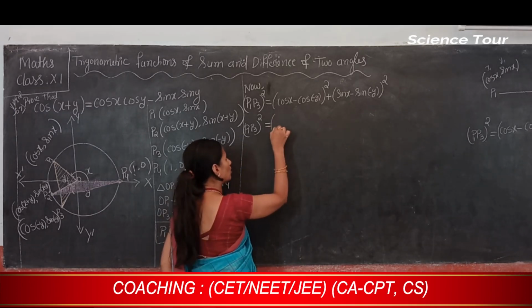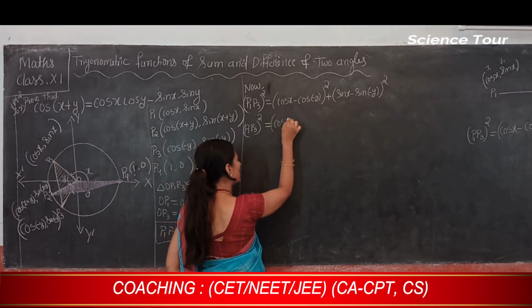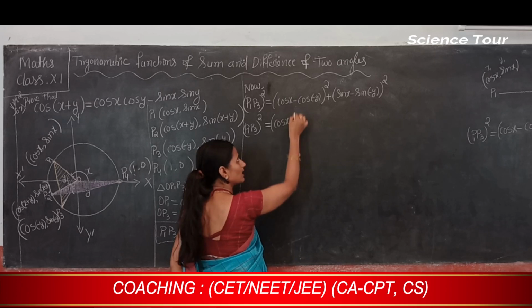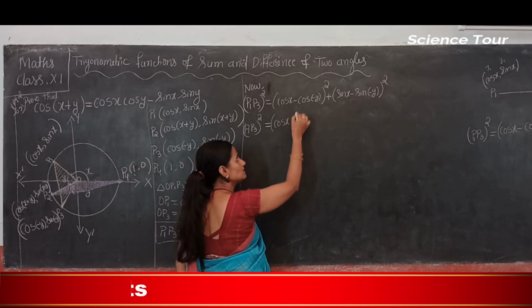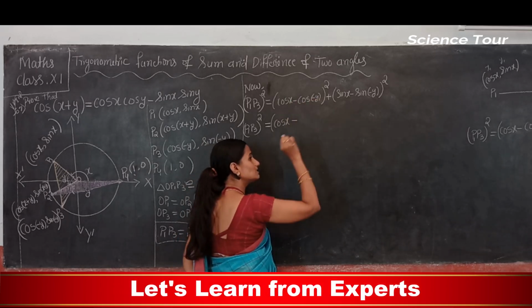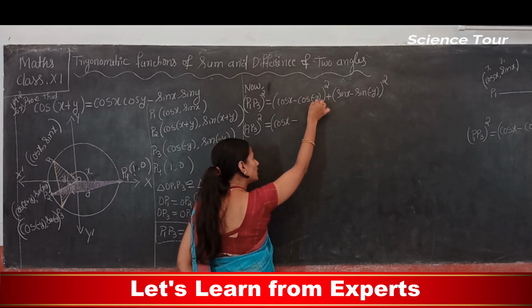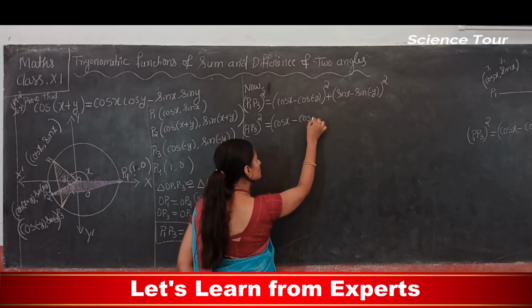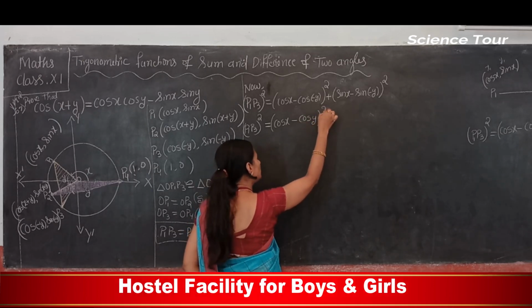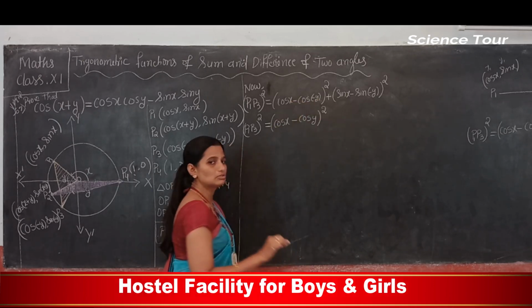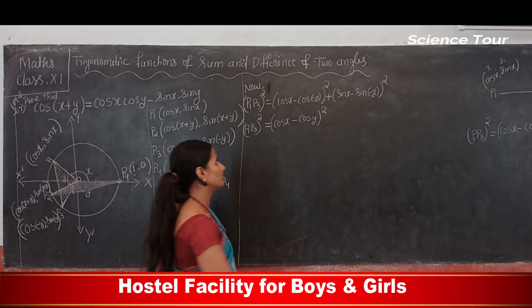So use that concept. So it is cos x minus, and cos of minus y is cos y. First you should remove that minus, that means you should use a formula for that.